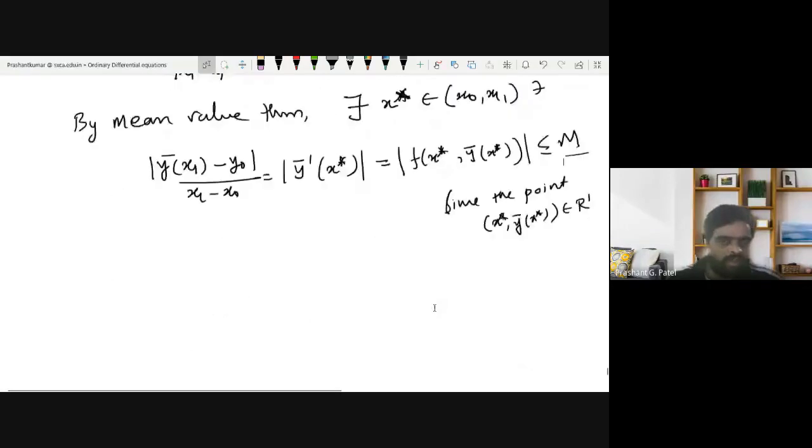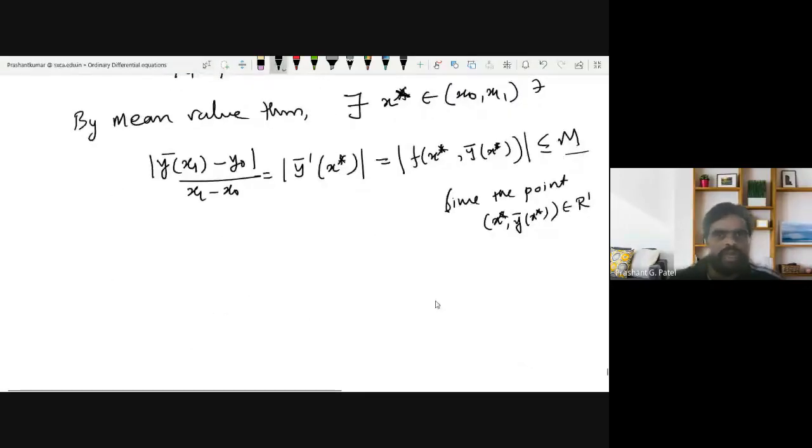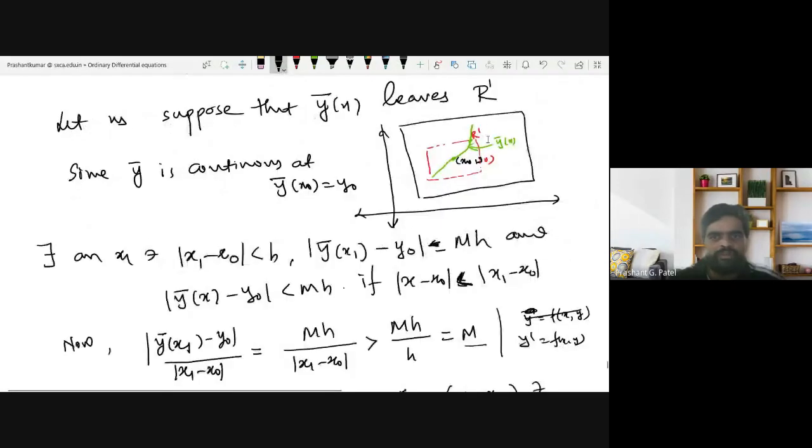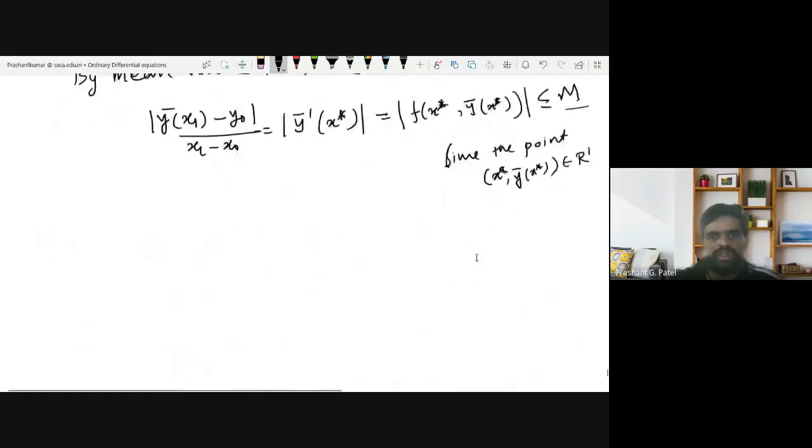Why have we got this contradiction? Because we have assumed that this y bar leaves R dash, but it has to be inside R dash.